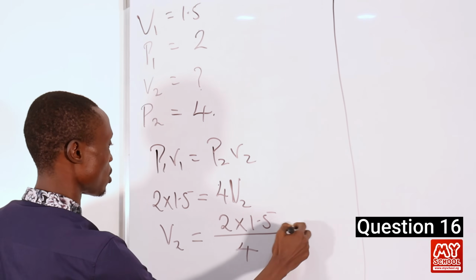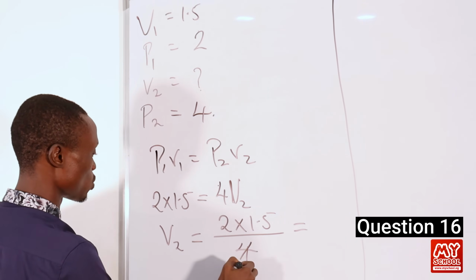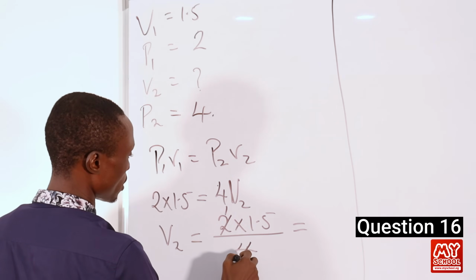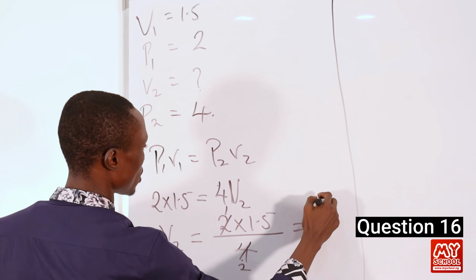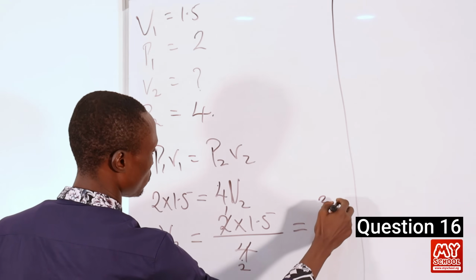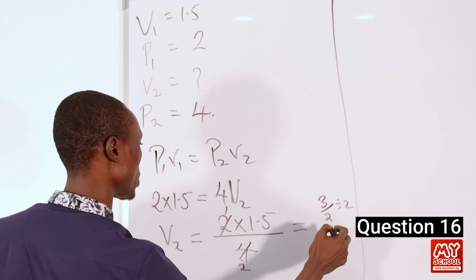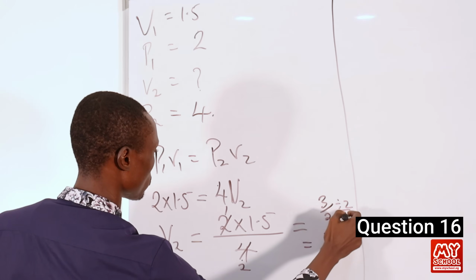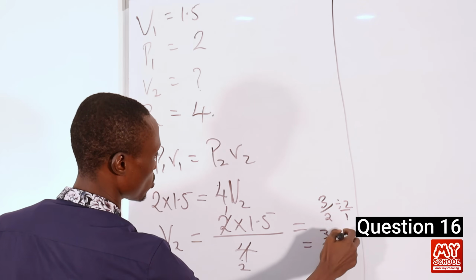The 2 here is 2 and the 2 here is 1, so this becomes 3/2 divided by 2, which becomes 3/4.